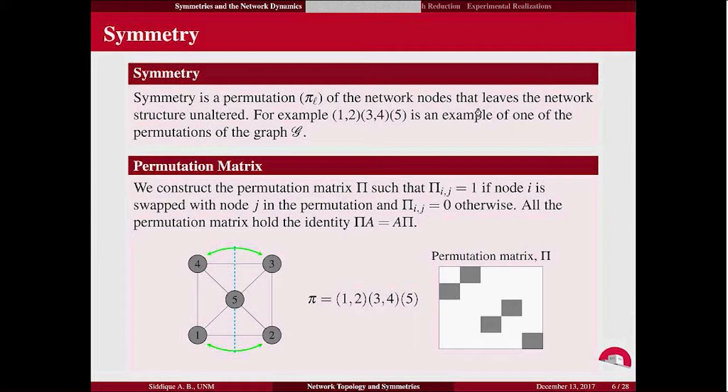We represent this permutation as a permutation matrix, such that pi_ij equals 1 if node i swaps with node j, and otherwise it is 0. An important identity is that pi A equals A pi.